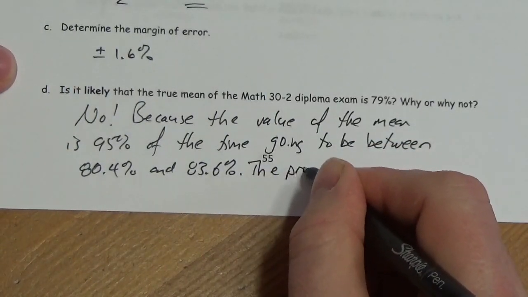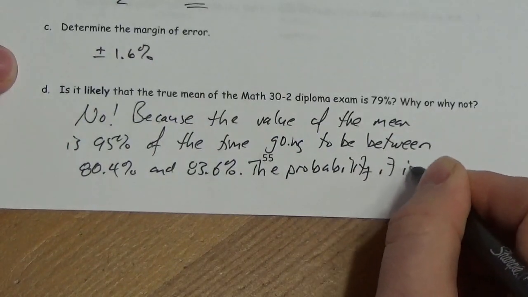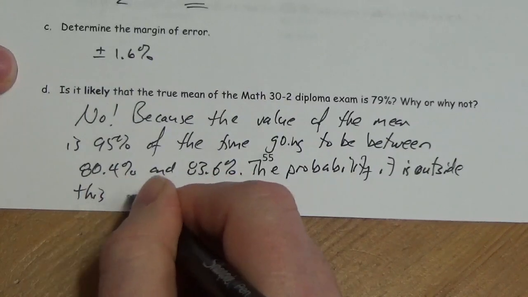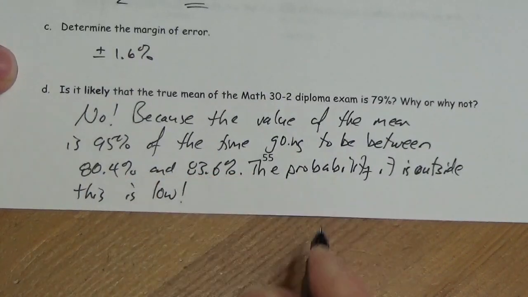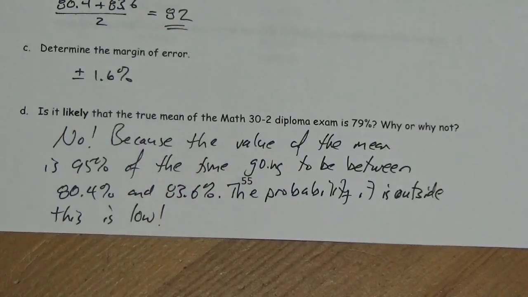The probability it is outside this is low, meaning it's unlikely. So because 79 is outside of that particular range there, it is very unlikely to occur.